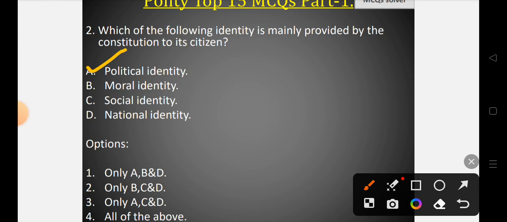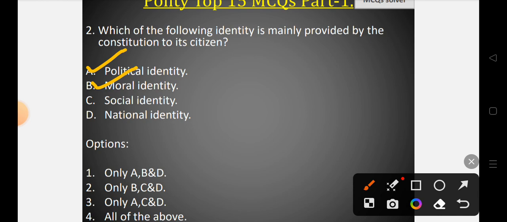Also a set of moral identity is provided by the Constitution, through their fundamental duties and fundamental rights, what are their rights, what are their duties as a citizen. So through these things we can find out that there is a moral identity also linked.